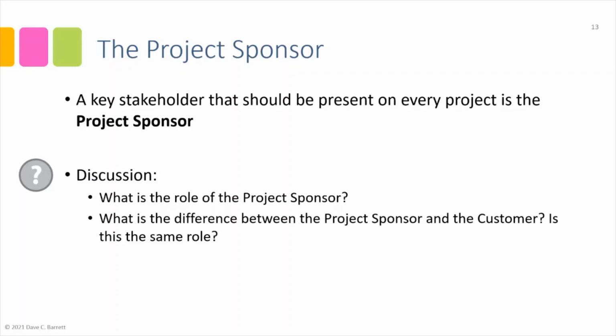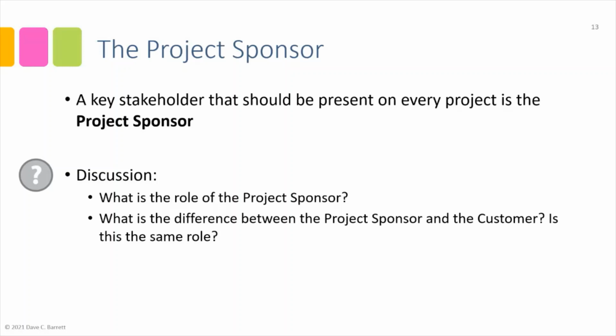For example, if we had a builder, a contractor who was building a house for someone, a custom house, well, in that case, the customer, who is the person who receives the house, would also be the project sponsor, would be providing the funds for that project. So in that case, the project sponsor and customer is the same person.